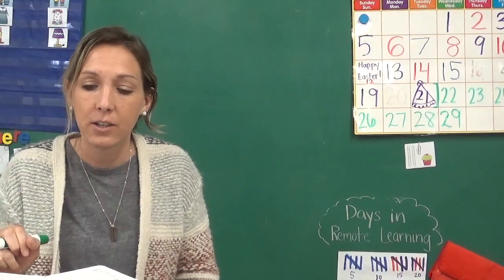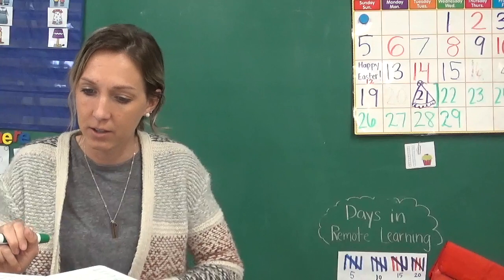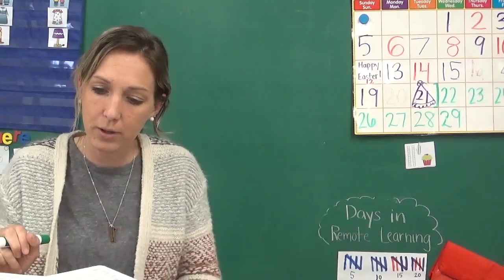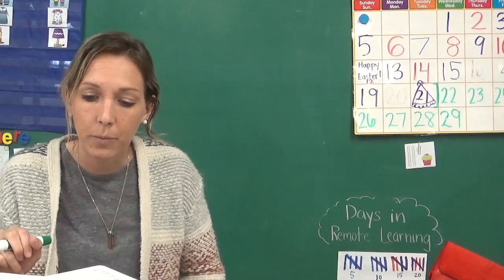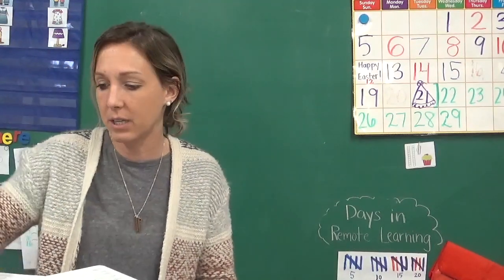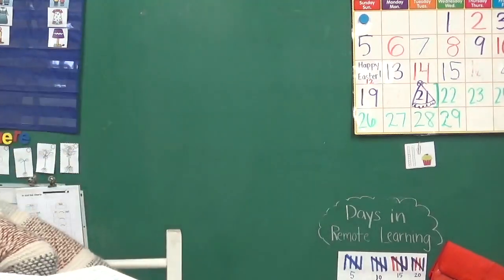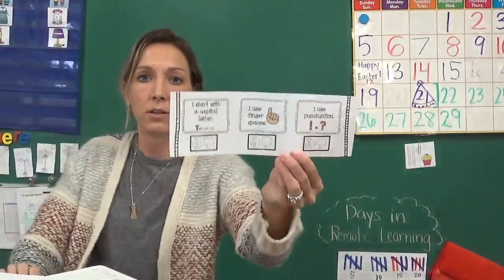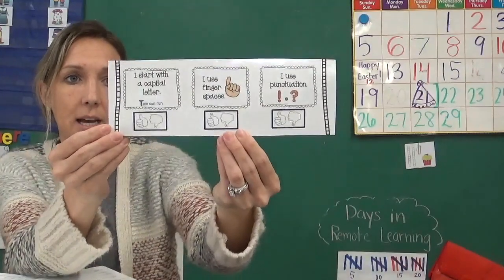Ad. Good. I see friends checking letter B and letter D on their alphabet strip. When you are finished, I want you to check to make sure it has what good writers use. So use this as your checklist.